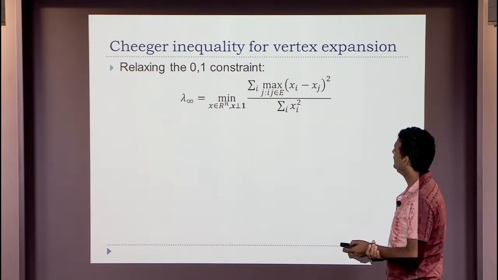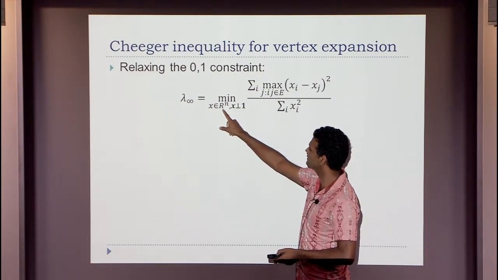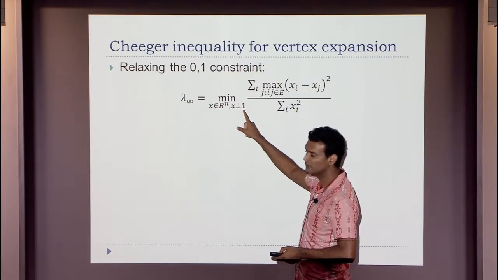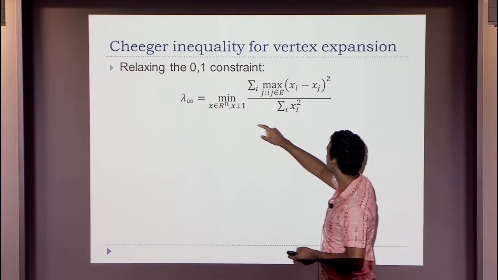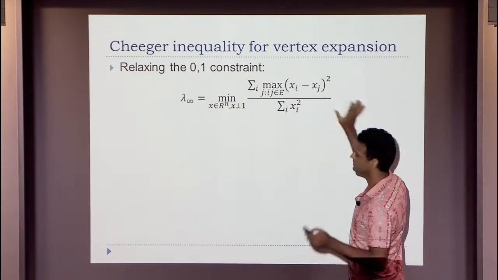When you relax it, it's the same relaxation: we go to real vectors instead of 0, 1. Since I assume constant degree, the vector is orthogonal to 1, and because it's orthogonal to 1, I can drop the subtraction term. Here is the formulation.